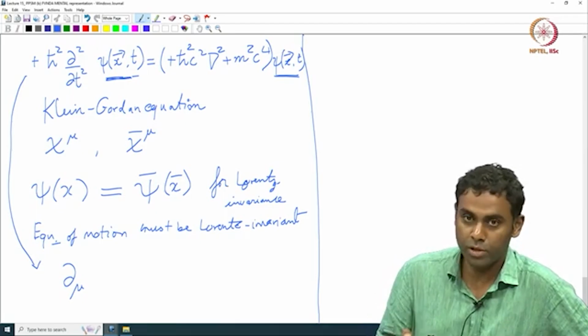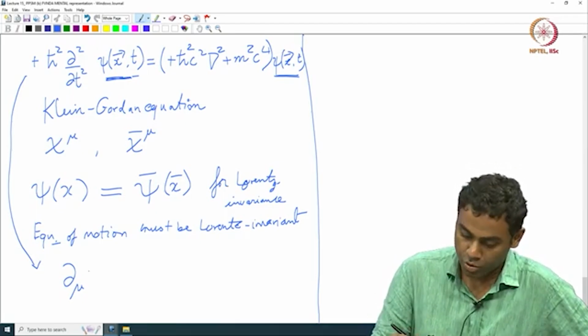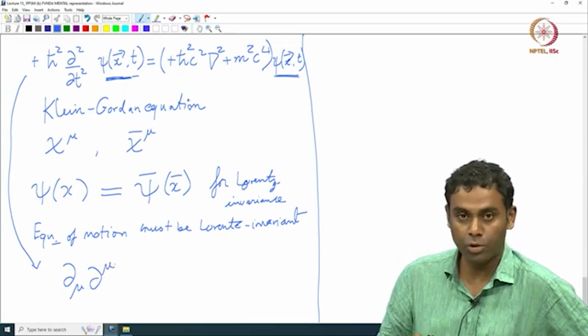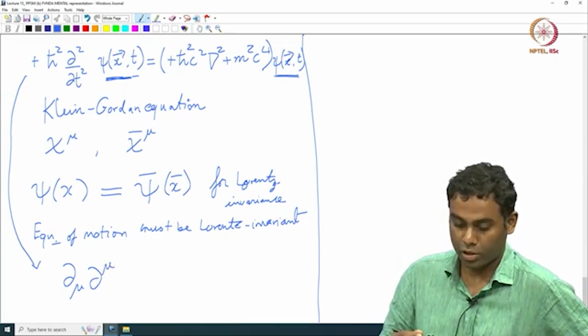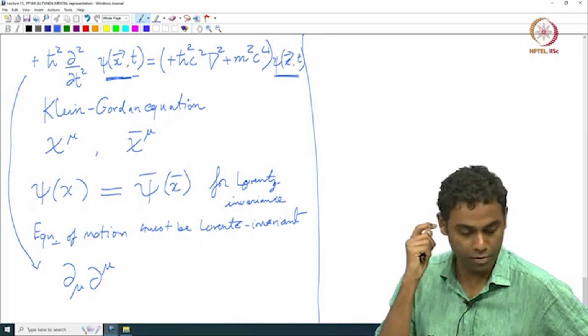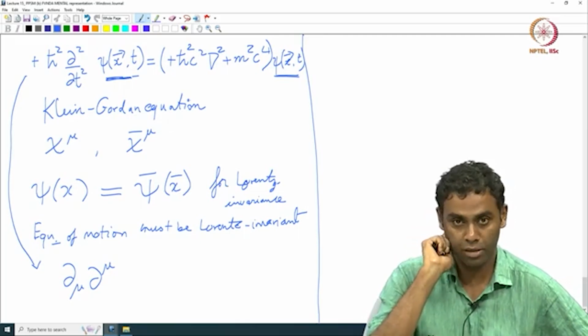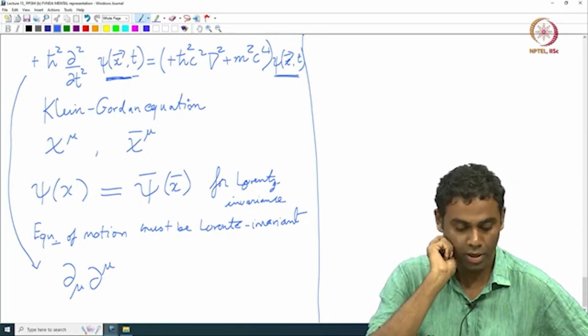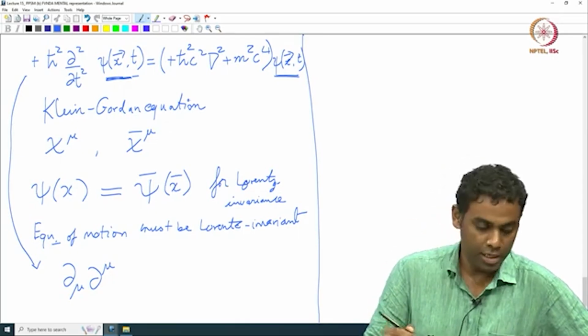So, how do I write this? Now, there are 2 derivatives, right. So, do you agree that this is how I would write it? Contracting 2 Lorentz indices, an upper index and a lower index, a contravariant vector and a covariant vector, right. So, let me write it this way.